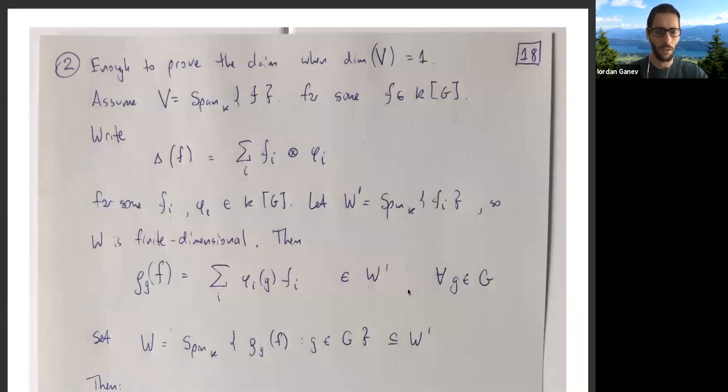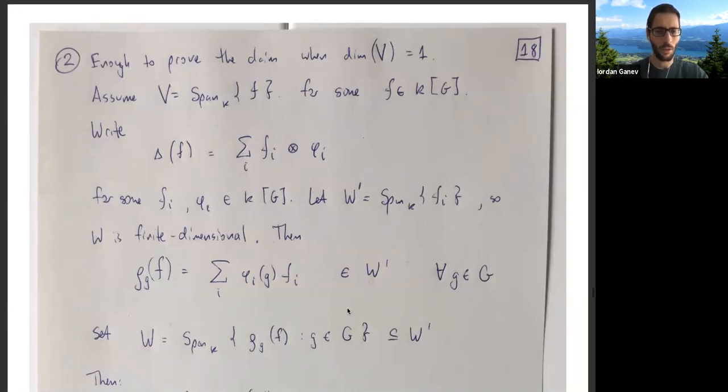And now we think about W, which is a subspace of W'. That's just the span of all these elements. So we're taking what looks to be an infinite set here, because there are in general infinitely many group elements in G, and we're taking the span inside W'.